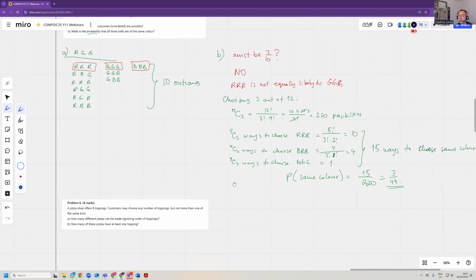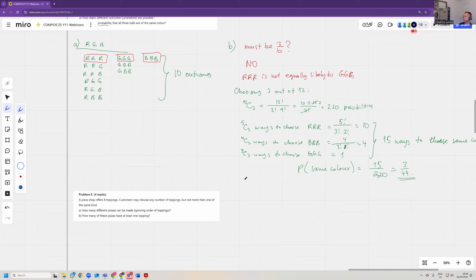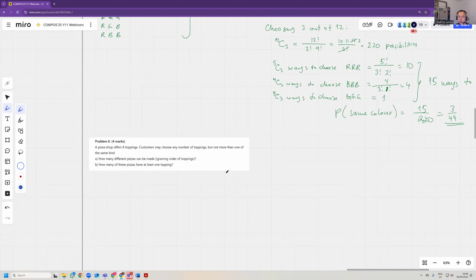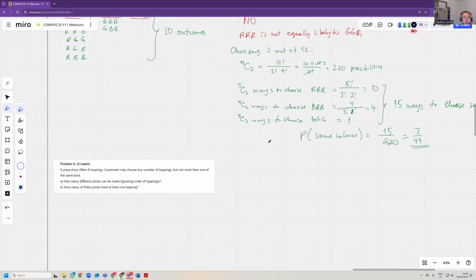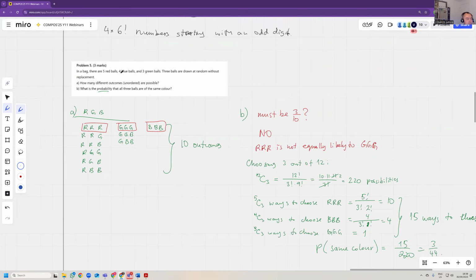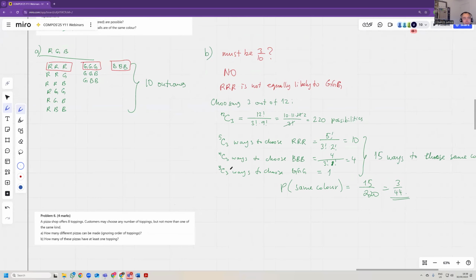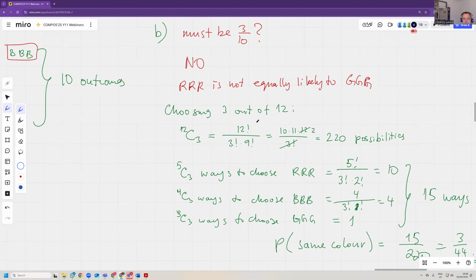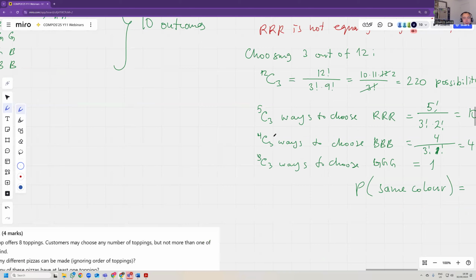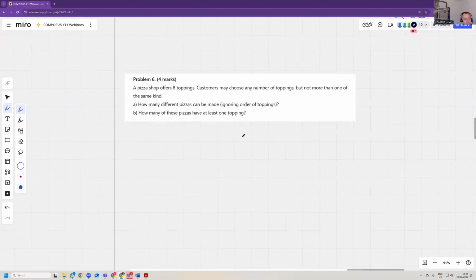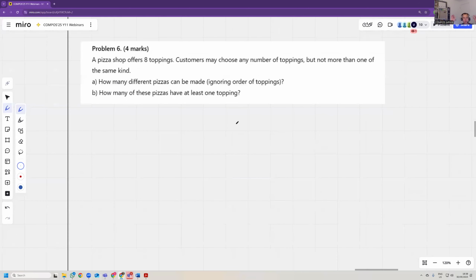So red ball 1, red ball 2, and red ball 3 are indistinguishable from one another, so it doesn't matter in which order you choose them. There are 12 balls altogether, and you're choosing 3 balls out of 12. Right, so we're talking about subsets.